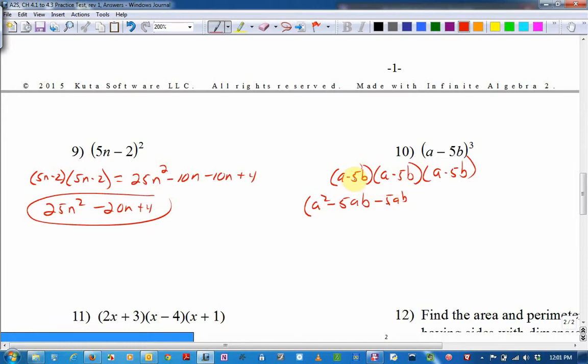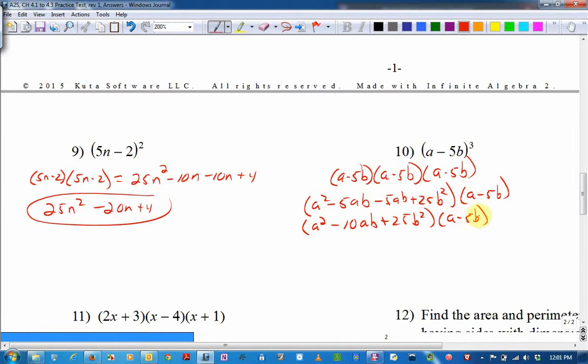And lastly, I have a minus 5 times a minus 5, that's plus 25b squared times a minus 5b. And now let's simplify. We got a squared minus 10ab plus 25b squared times a minus 5b.